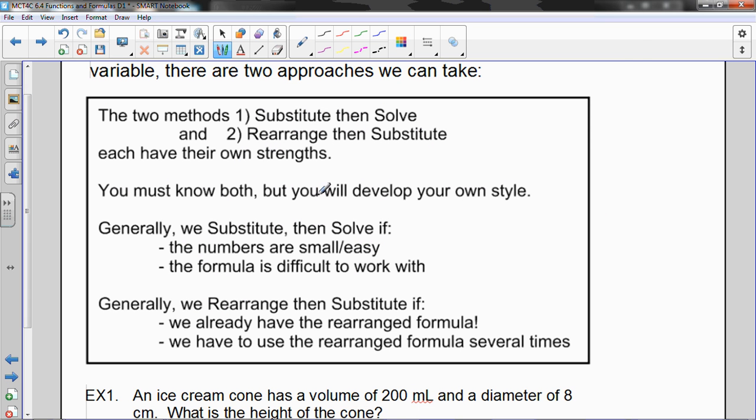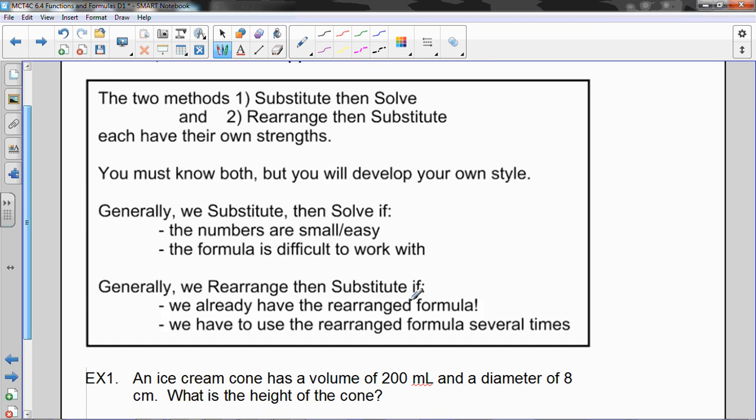You must know both, but you'll develop your own style. Generally, we substitute first. Substituting in is getting numbers right away if the numbers are small and easy or the formula is difficult to work with. Okay? So that's kind of like the first way that we did.